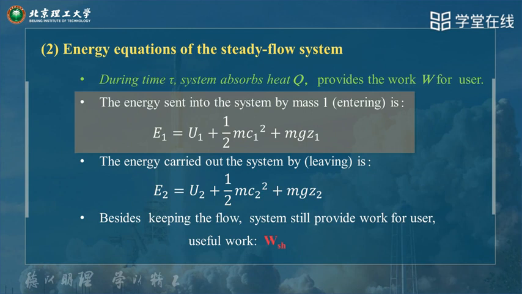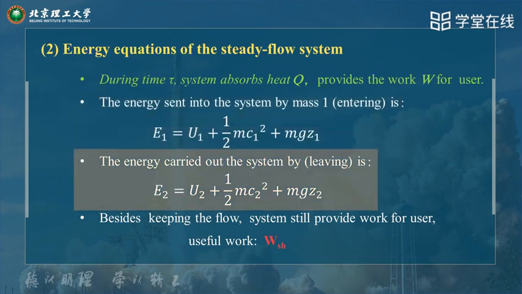E1 means total energy, which equals U1, the internal energy included in the mass, plus the kinetic energy and the potential energy: U1 plus 1/2 m c1 squared plus m g z1.